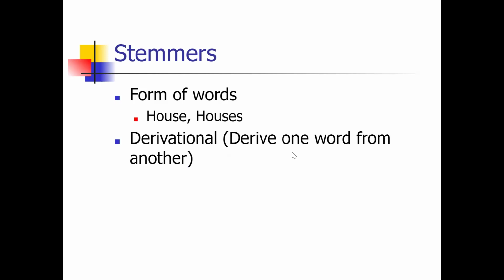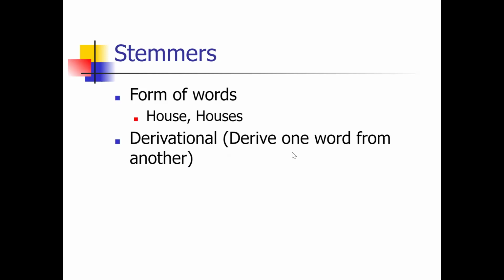Then another operation that is very interesting is what we call stemming. Now in stemming, for example, we see sometimes in documents there are different forms of the words, especially an item with its plural form. For example, house with houses.